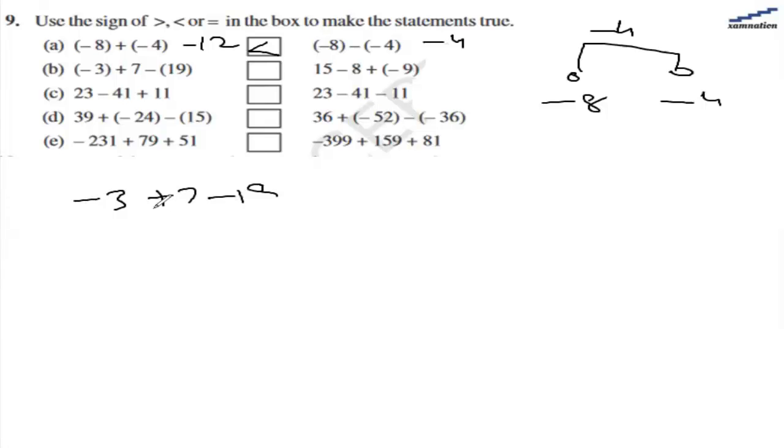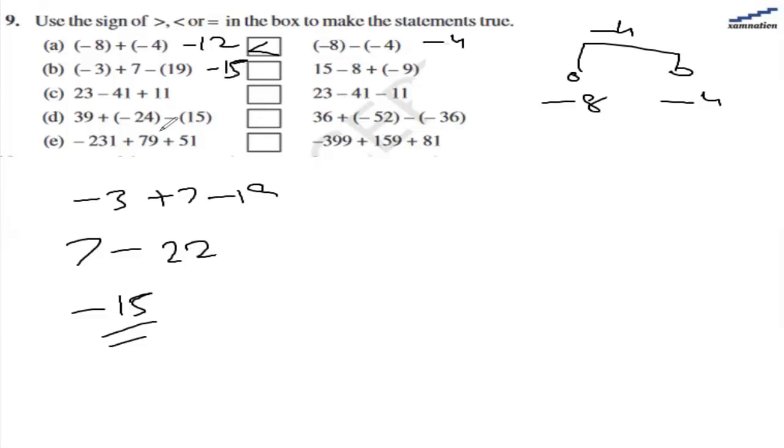And using BODMAS, we have 7 and minus 3 and minus 19, these will add up to minus 22, and the answer will be minus of 15.